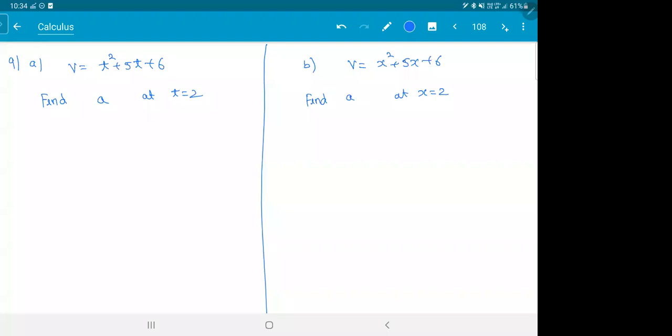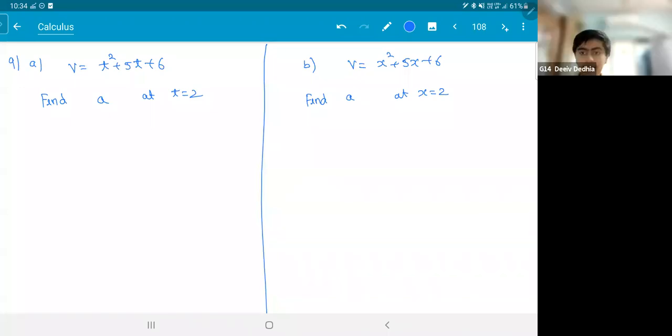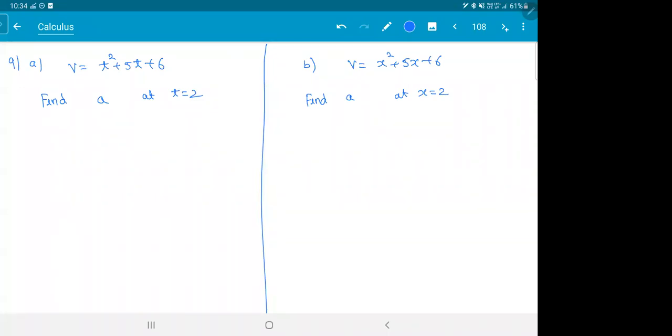Got them? If you see, both look quite identical. Only thing is v in terms of time and v in terms of x. So if you don't use the appropriate formula, you'll get a wrong answer. So can I see the answer? You can type it right in the chat box.